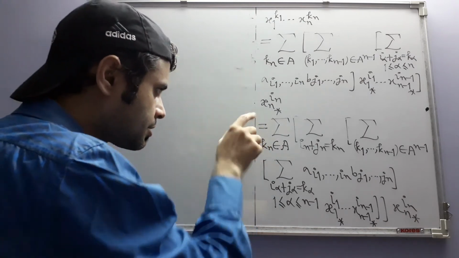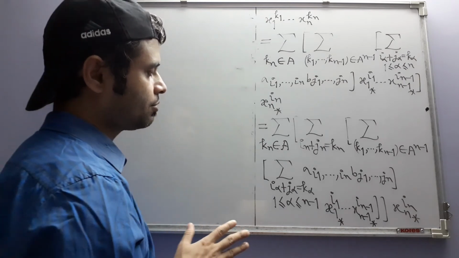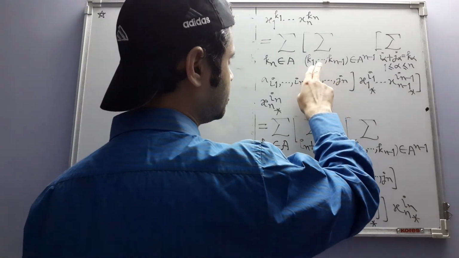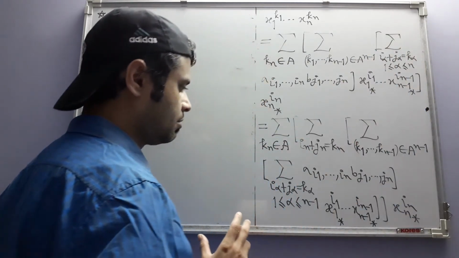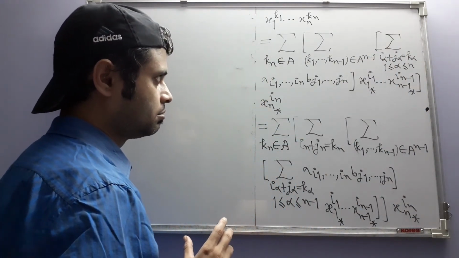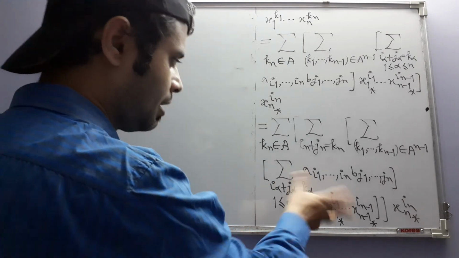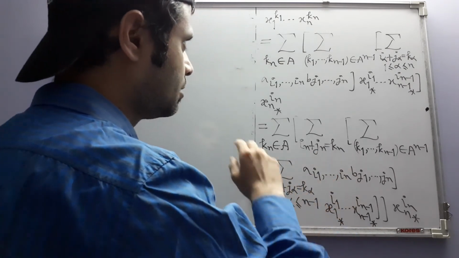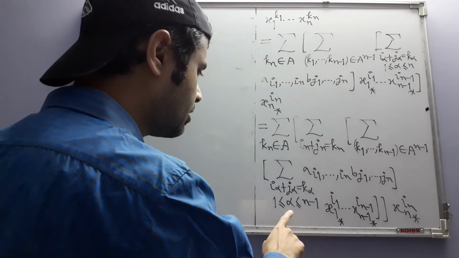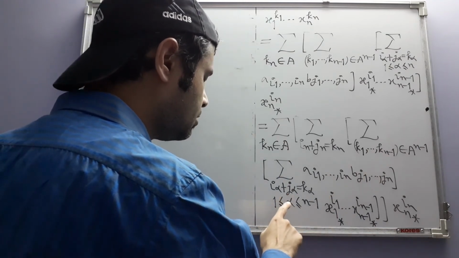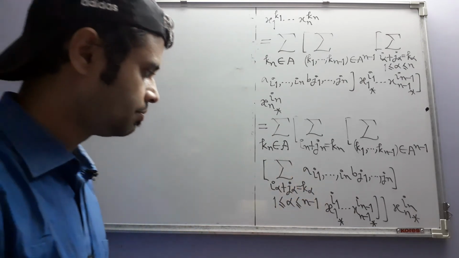So in this step, what is it that we have actually done? We have just written this innermost sum as a sum of sums. Do you realize what these conditions are saying?